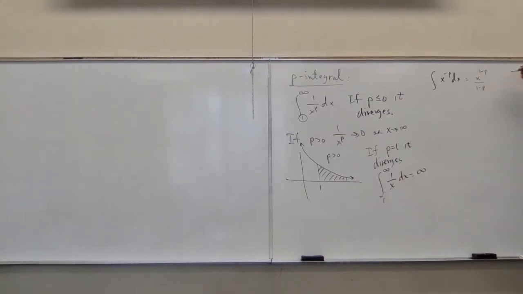So for that to converge, we need those x's to go down in the denominator. So if people want to know, why can't you say that p is less? Well, because when you say it's positive, then you're like, oh, just kidding.